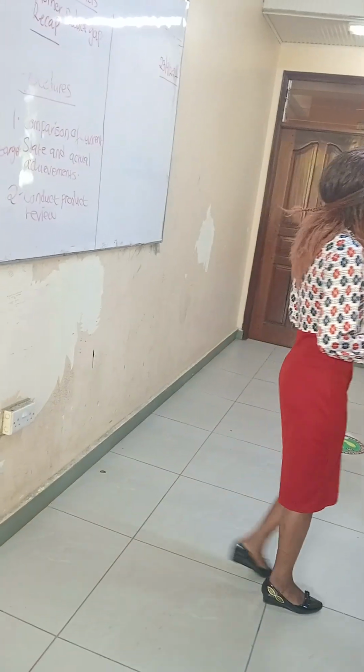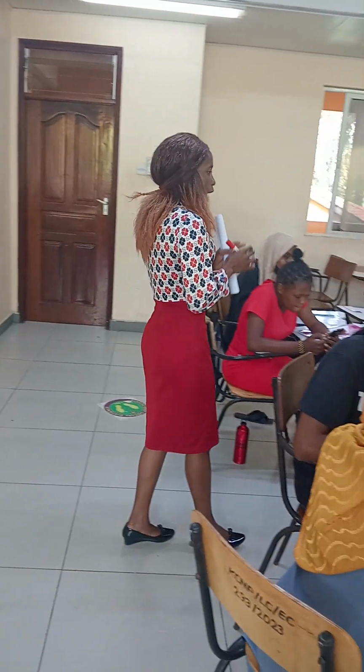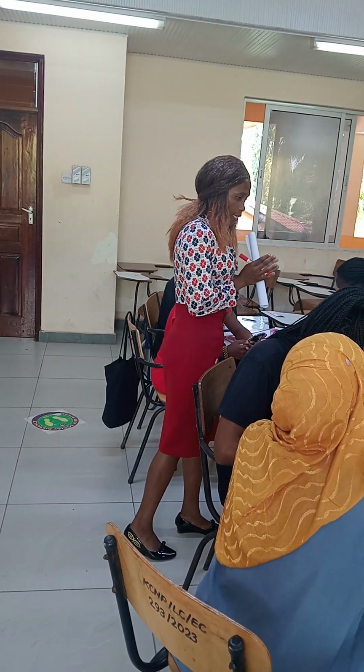So the customer now looks at the product. Is that product satisfying his expectations or not? So after using the product, the customer now can rate the provider or the organization that is providing those services.